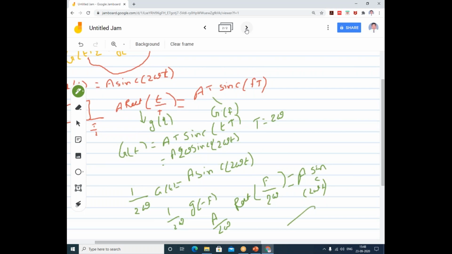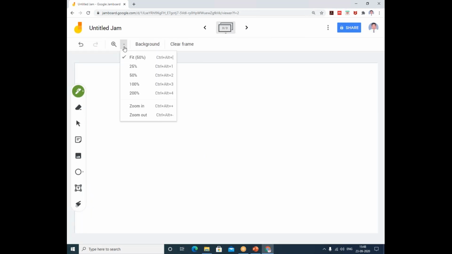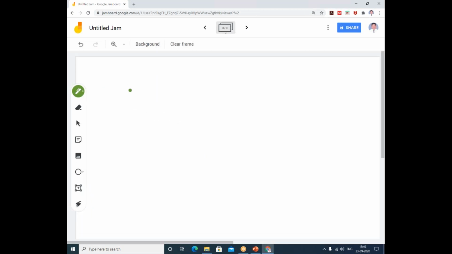Now I'm going to use one more screen. Please observe here. In the problem given, find the Fourier transform of y of t, where y of t equals 1 by (3 plus j2πt).